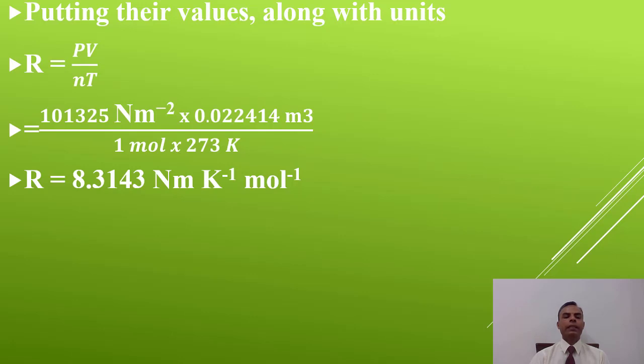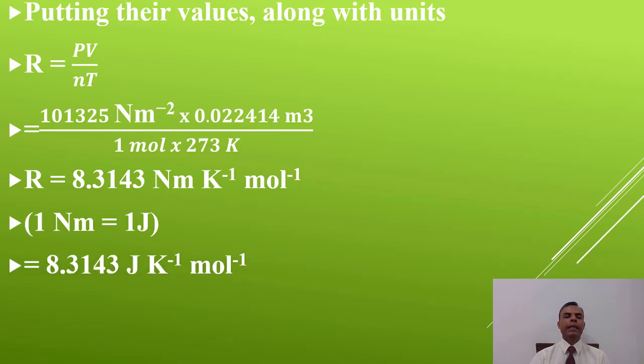As we know that 1 Newton meter is equal to 1 joule, the value of R becomes equal to 8.3143 joules per Kelvin per mole.